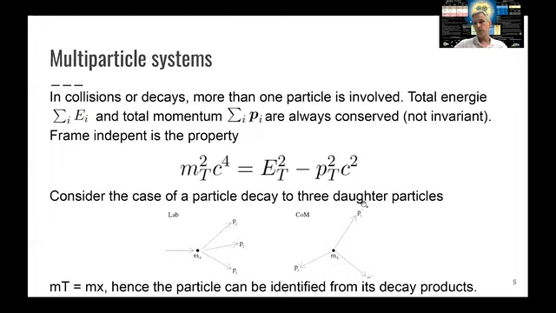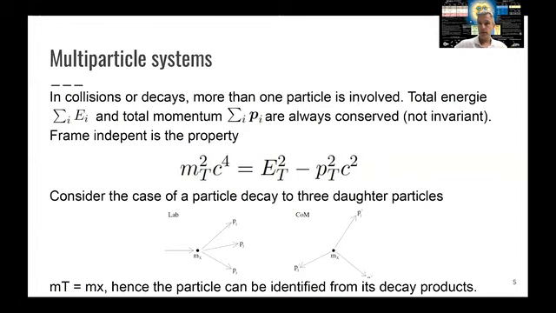So now, in particle physics, we often have the case that we're not considering just one particle and want to describe this one particle or measure it, but often decays of particles or multiple particles which are involved in a reaction. So we can look at the total energy, just the sum of the energy of all particles, the total momentum, the sum of the momentum of all particles. And those two quantities are always conserved.